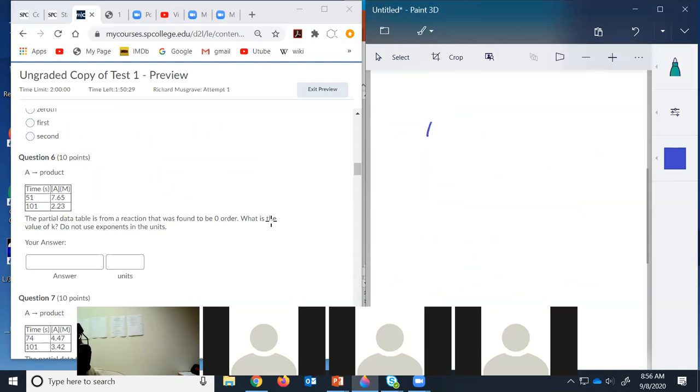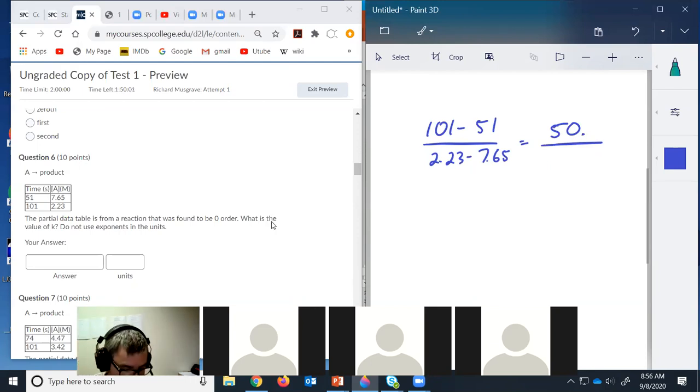But let's say it was 101 minus 51 over 2.23 minus 7.65. We're mixing operations here, so the numerator comes out to be essentially 50, over negative 5.42.